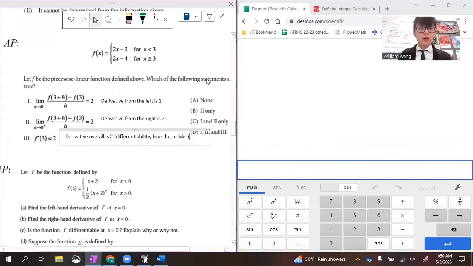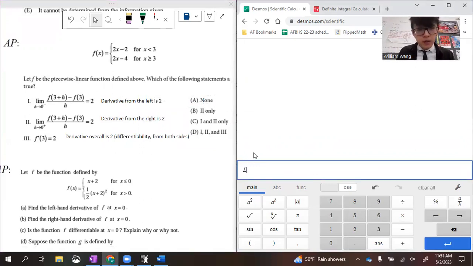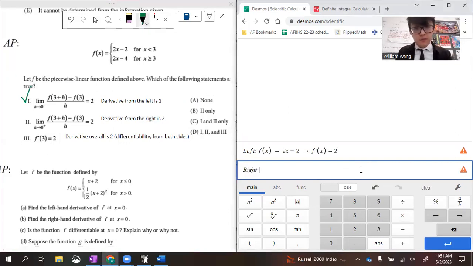All right. Okay, well, let's see if that's true. So the derivative from the left, my left-hand function, f of x is 2x minus 2. That means my derivative is indeed 2, right? So this one is true. All right, from the right, f of x is equal to 2x minus 4.